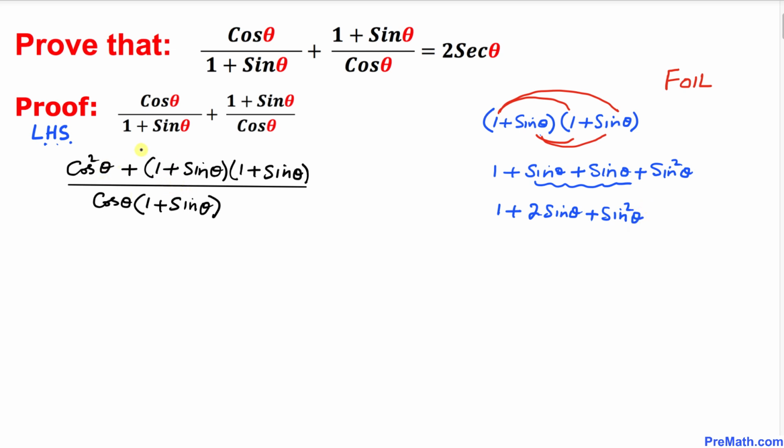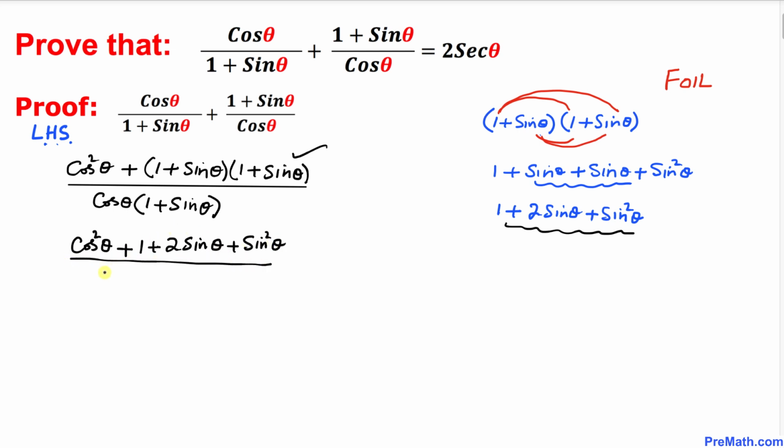Now let's revert back to our original problem. So we're going to write down on the top cosine square theta plus this whole thing has been simplified to this one. I am going to write down 1 plus 2 sine theta plus sine square theta, and then divided by cosine theta times 1 plus sine theta.